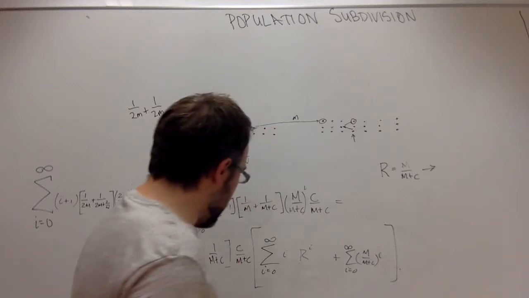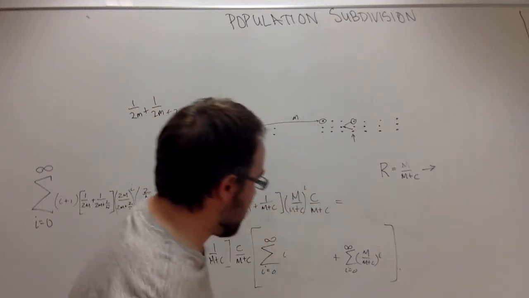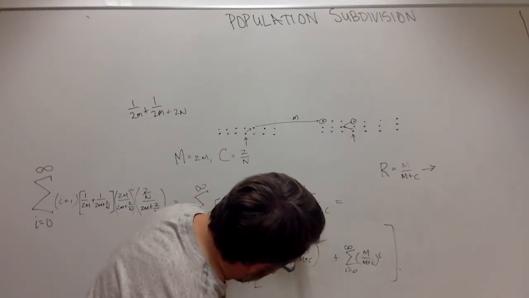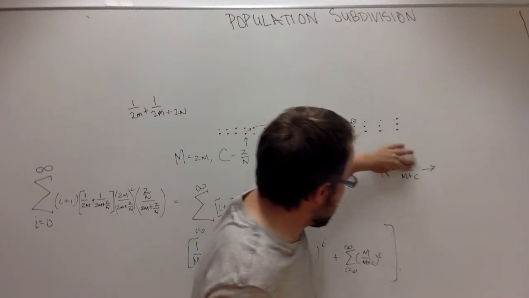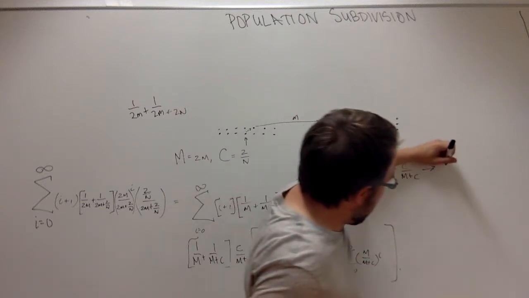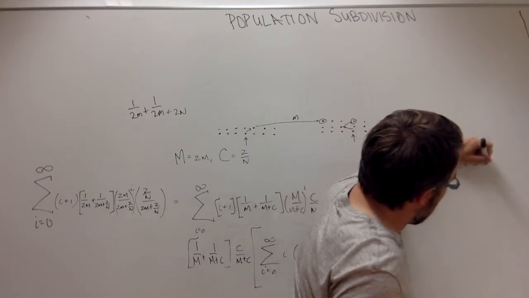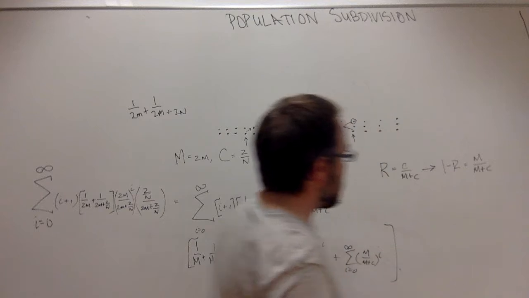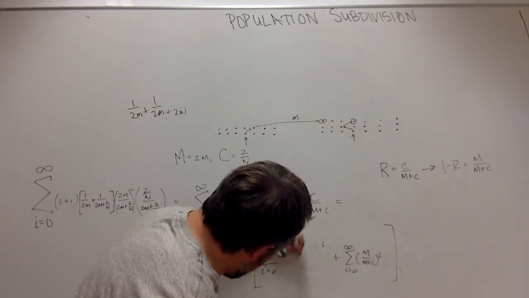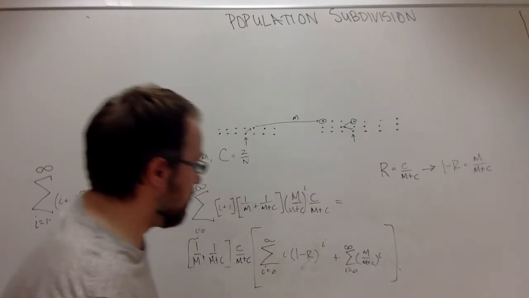Sorry for that, we're going to go back and do the other thing. I wish I had an undo button here. This was m over m plus c to the i. So actually, let's make r equal to c. If that's the case, then 1 minus r is equal to m divided by m plus c. So now we can write this as (1 minus r) to the i.